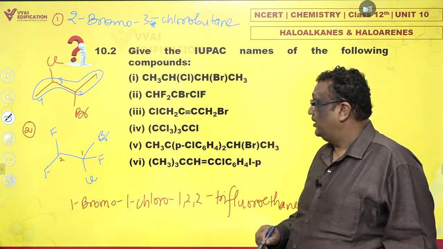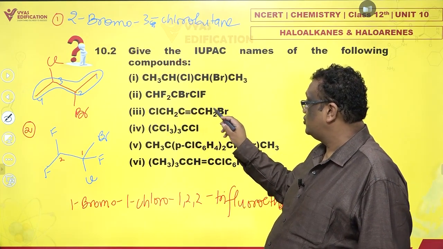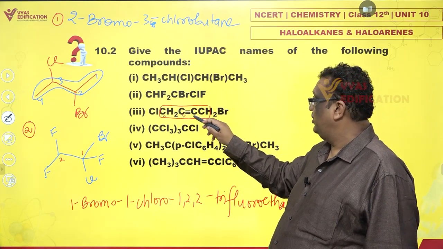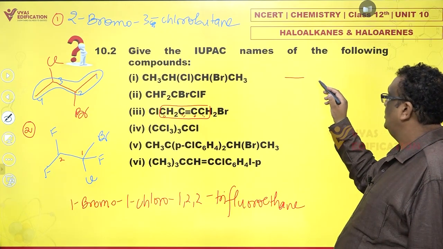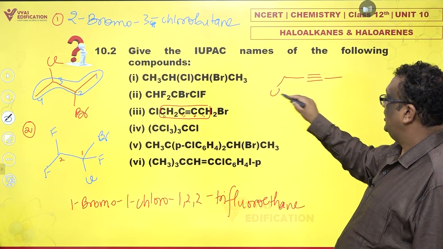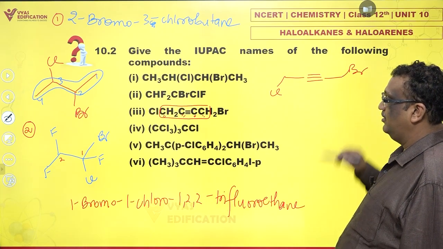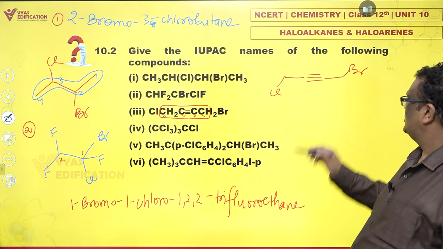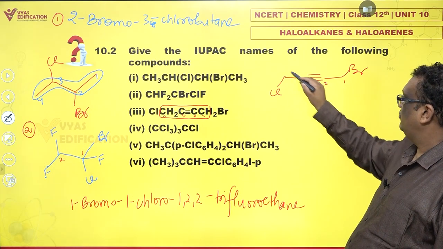And now the third part, it says Cl, CH2, CC, CH2. This is carbon chain. How many carbons? 1, 2, 3, 4. And I have a Cl here and I have a Br here. This is the way it is. How do I name it? Again, simple enough. 1, 2, 3, 4.